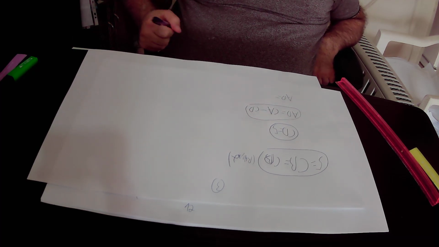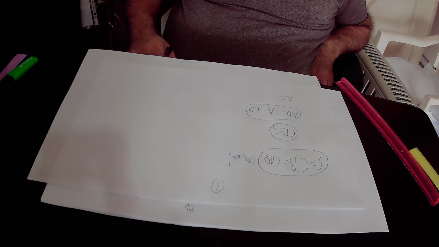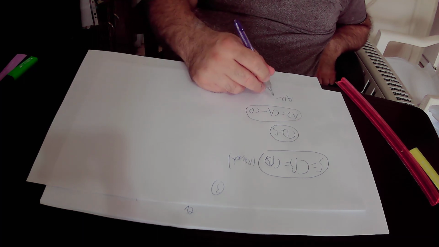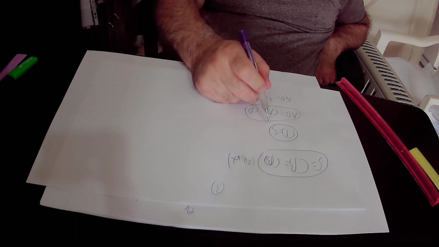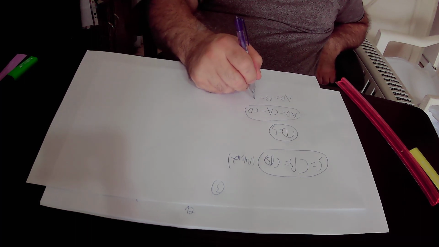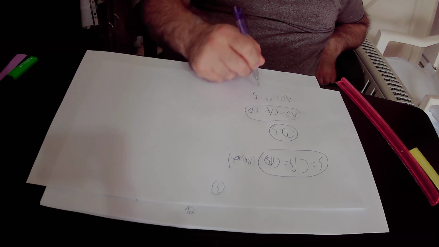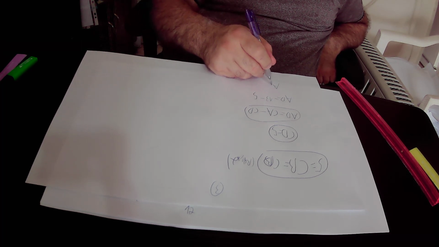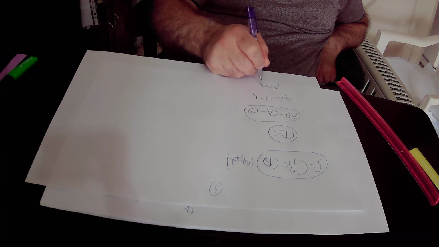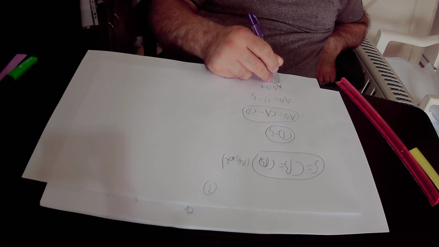We have already found out that CA, the hypotenuse of triangle ABC, equals 13 units, minus CD, and we just found out that CD equals 5 units. So in conclusion, AD equals 13 minus 5, that is to say, AD equals 8 units.